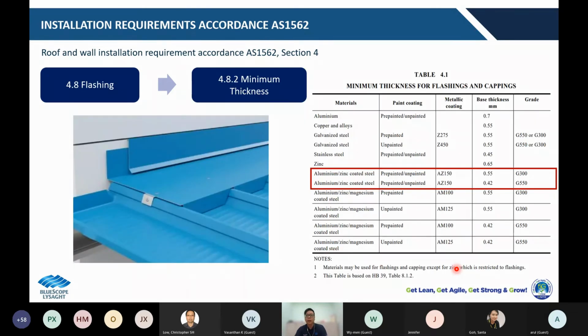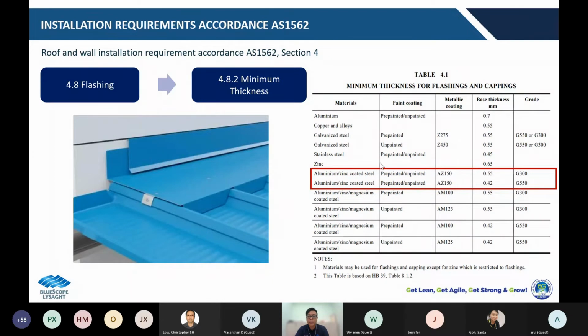And there's some clause also helping you to determine the screw, the steel grade and the metallic coating for the flashing. So in clause 4.8 flashing, 4.8.2 minimum thickness, table 4.1 indicates the minimum metallic coating, base metal thickness, and steel grade of flashing and capping.